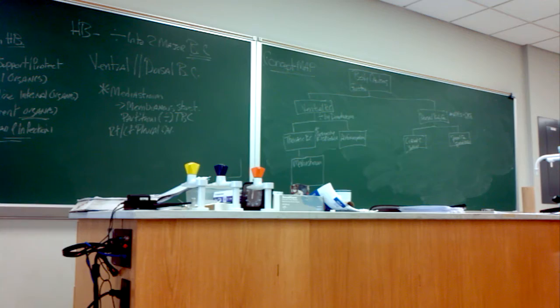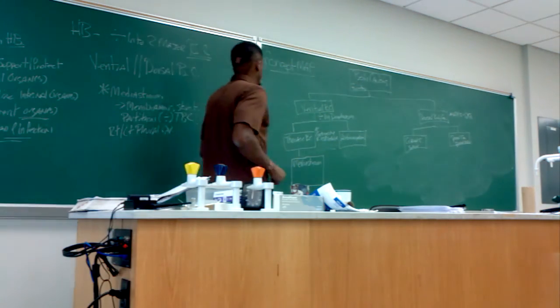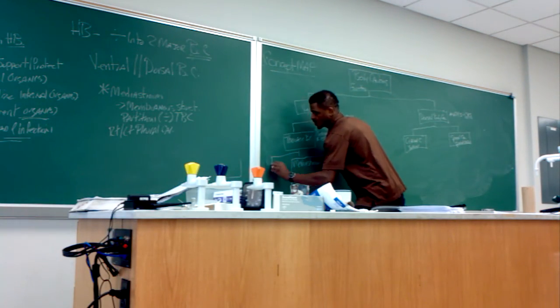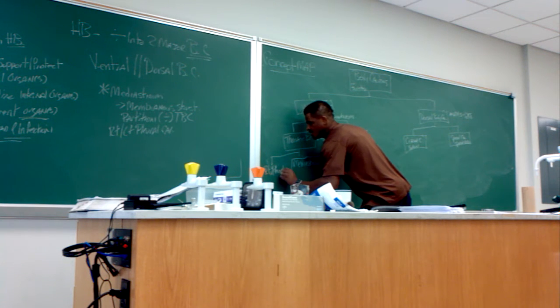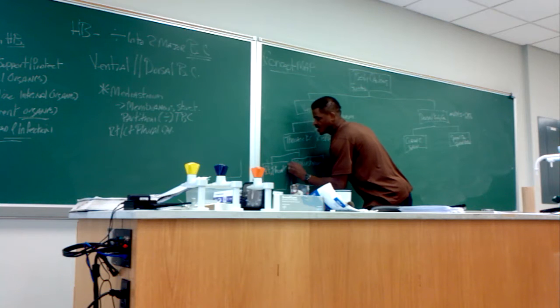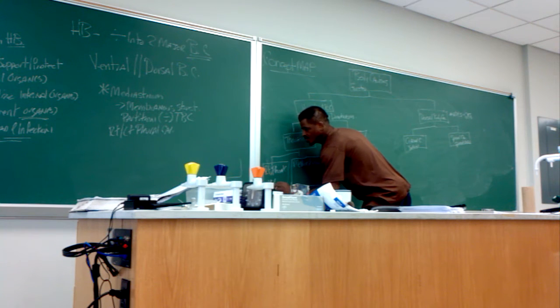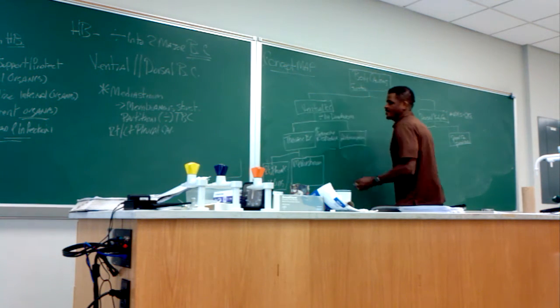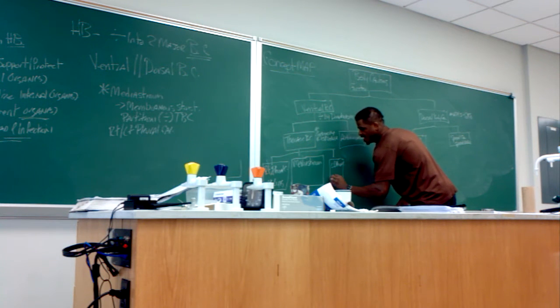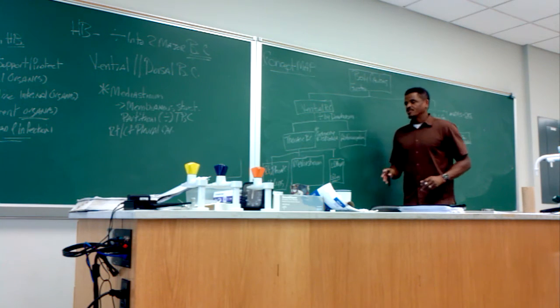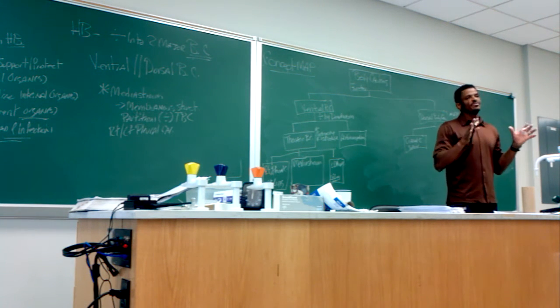So we partition the thoracic cavity into the right pleural cavity, which will house the right lung, and the left pleural cavity, which will have the left lung, partitioned by the membranous structure called the mediastinum.